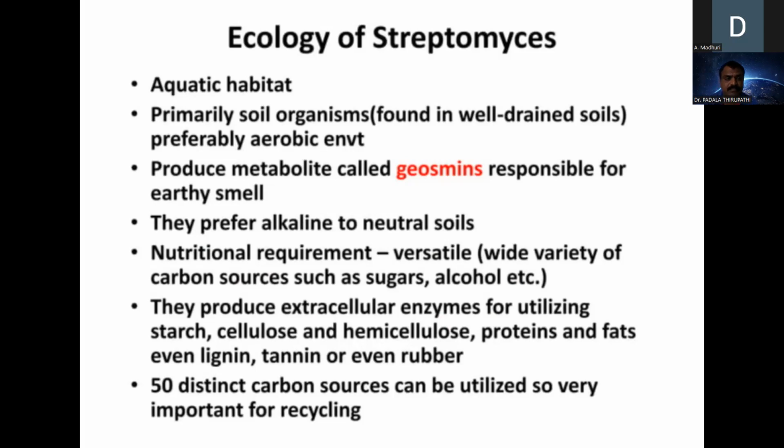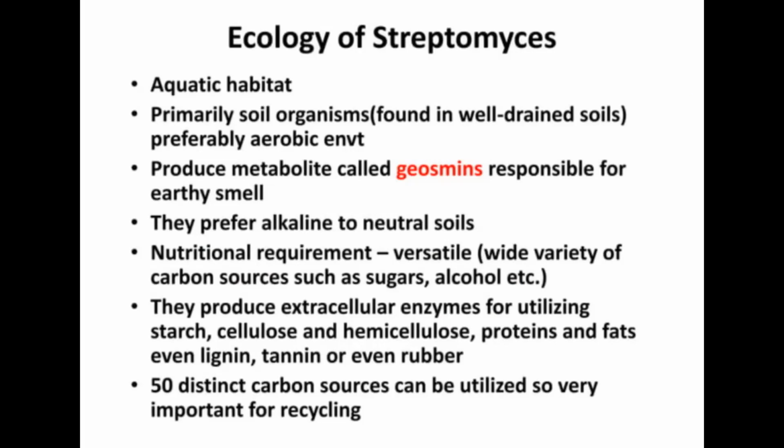They prefer alkaline to neutral soils, and nutritional requirements are different for different organisms, and they produce extracellular enzymes. As we have discussed, they carry out degradation of organic material. For degradation, different enzymes are required, and 50 different carbon sources can be utilized by these organisms.